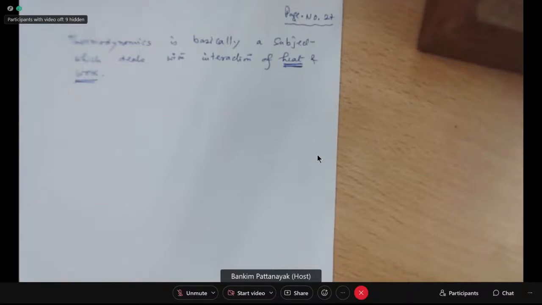Civilization has gone leaps and bounds forward due to the invention of electricity, and thermodynamics actually deals with the interaction of this heat and work.